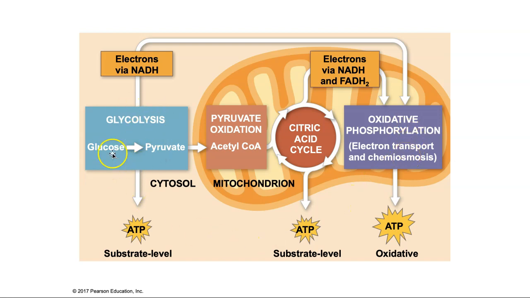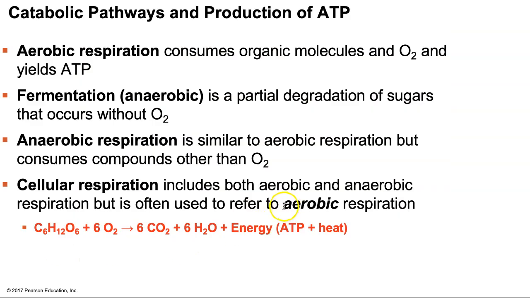So glycolysis is anaerobic. We don't need any oxygen here. This step is anaerobic, and the citric acid cycle is anaerobic. We don't need oxygen here, but oxidative phosphorylation is aerobic. So cellular respiration, this entire process, included both aerobic and anaerobic components to it.